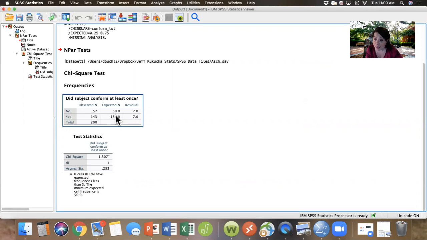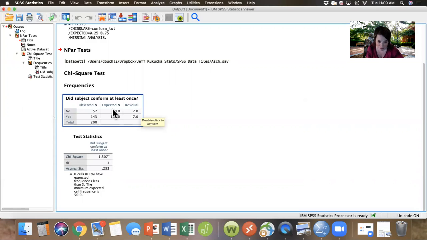And what I expect, my population parameter in this case, is Solomon Asch's original results in his experiment. So 75% of Asch's participants conformed, and that corresponds to 150 out of 200, whereas 25% did not conform.